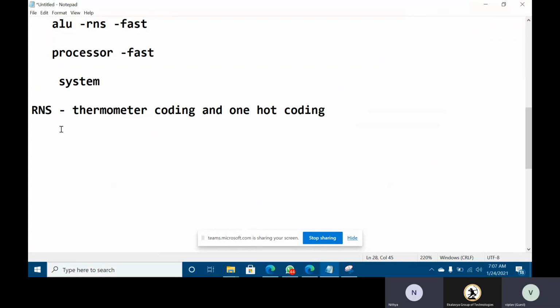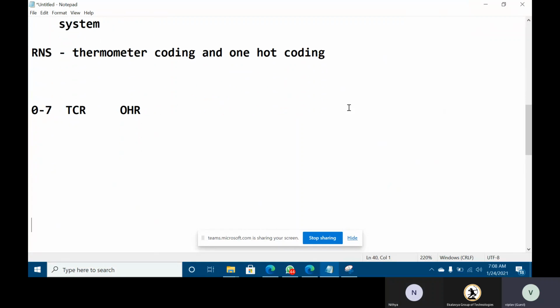In thermometer coding, suppose I am taking the numbers 0 to 7. Thermometer coding representation is called TCR, and one hot representation is OHR. Let us see how we can do that.